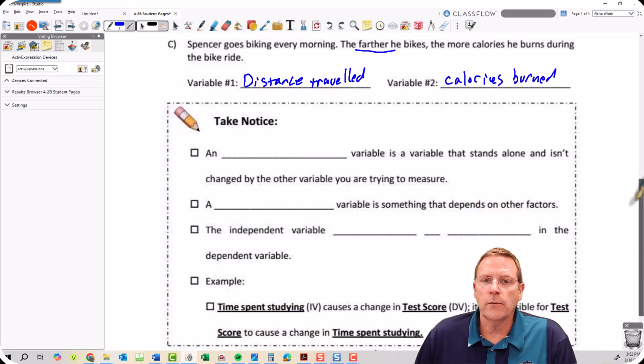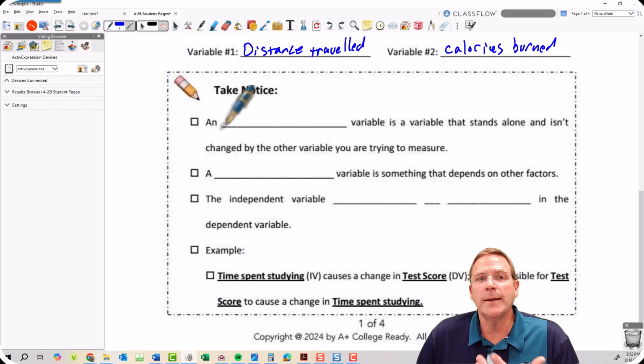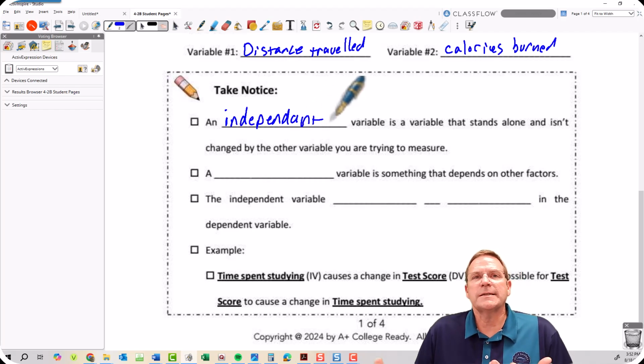Now we've got ourselves a take notice thing going on here, so we need to fill in our vocab words to go with this. And at this point, we're going to start picking up the terms independent and dependent. Your independent variable, whoops, I misspelled that. Independent variable is going to be the variable that stands alone.